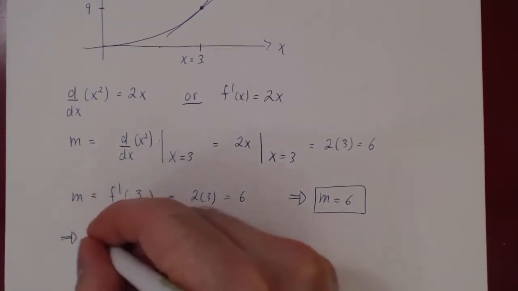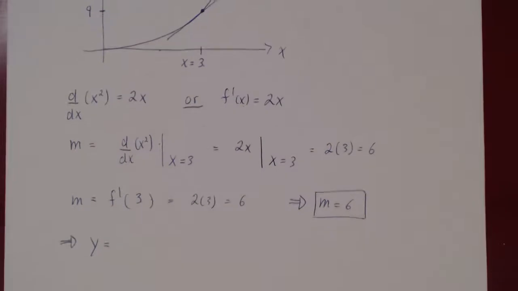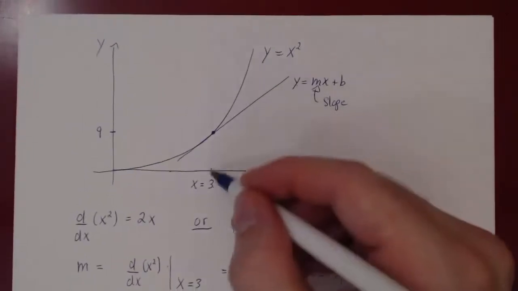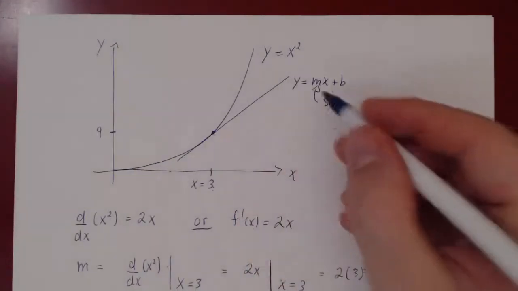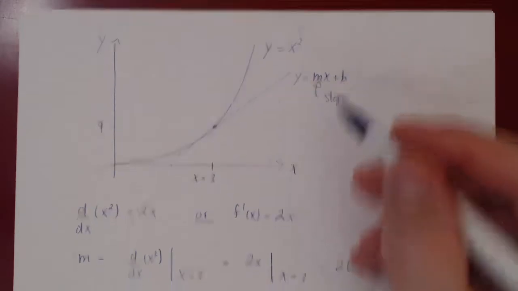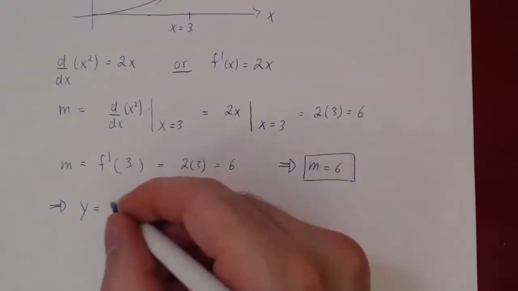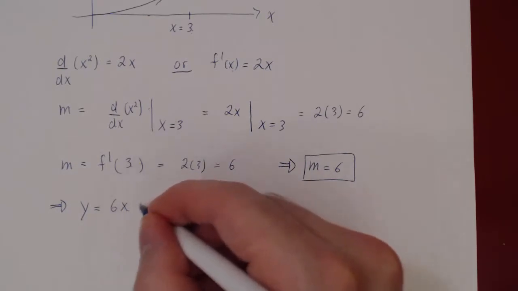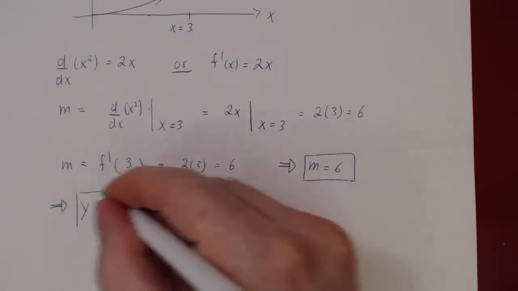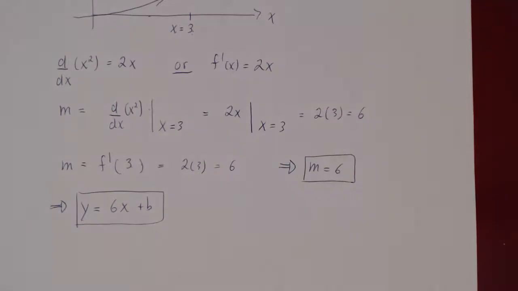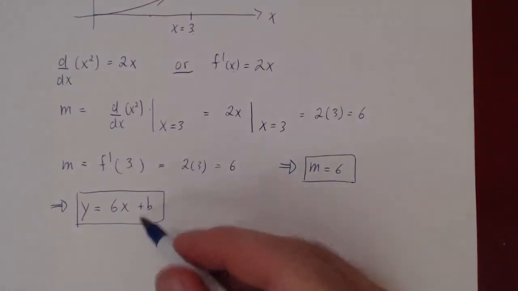The implication is the line, that is the tangent line to the quadratic at x equals 3, has an equation of mx plus b. But as m equals 6, y is equal to mx, 6x, plus b. The only thing left over here is, how do we find b?